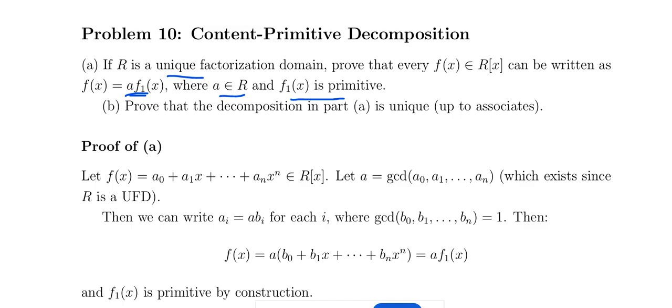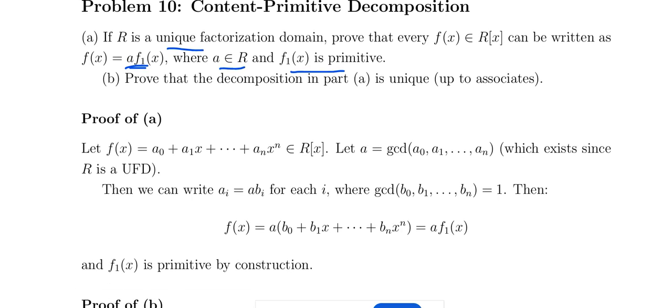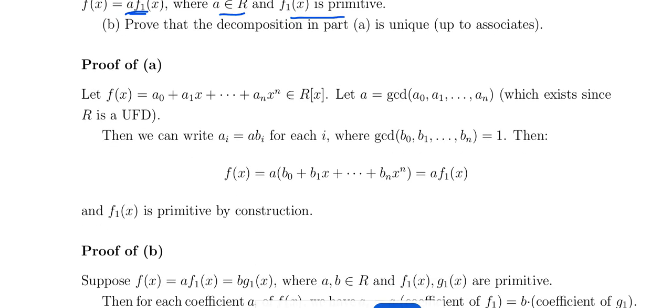That a is called the content of f of x. So it's a very simple proof. Here f of x belongs to R[x], a equals the GCD of the coefficients. That is called the content of f of x.